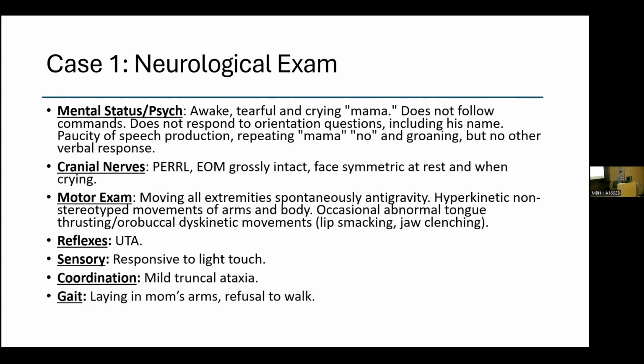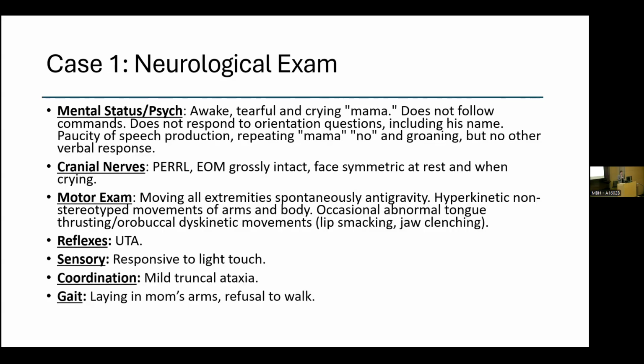So in the ED, his exam was most notable for an abnormal mental status. He was not following commands and was really not talking. His motor exam was also pretty significant: while he was moving all of his limbs anti-gravity, he did have what we would describe as hyperkinetic, non-stereotyped movements of his arms and his legs.